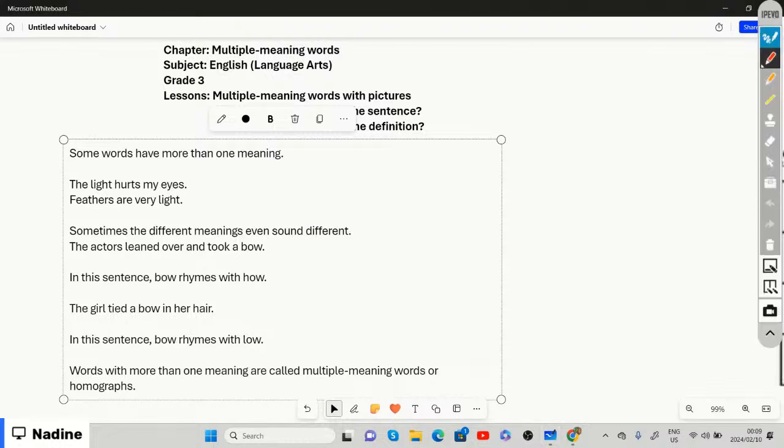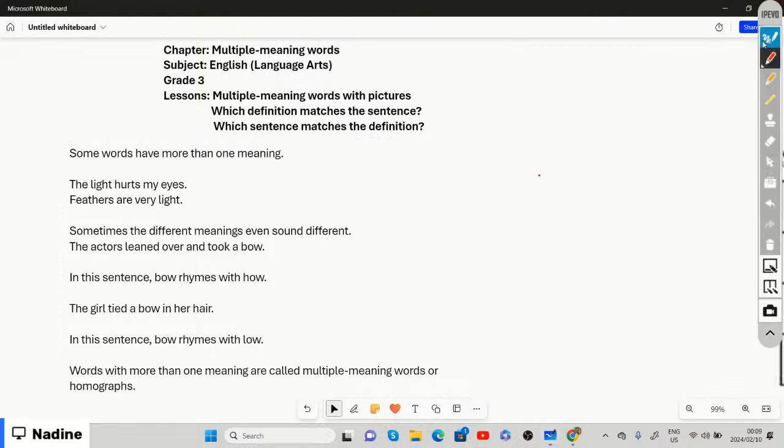The light hurts my eyes. And then we have another meaning that says feathers are very light. So if we look at these two, one word but with two different meanings, which is light.